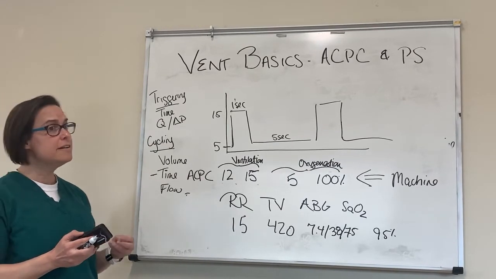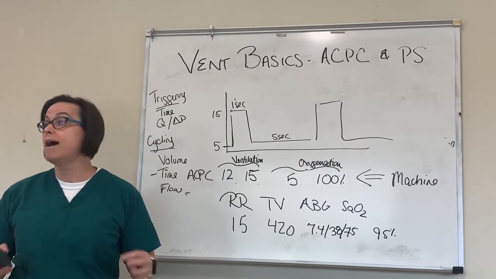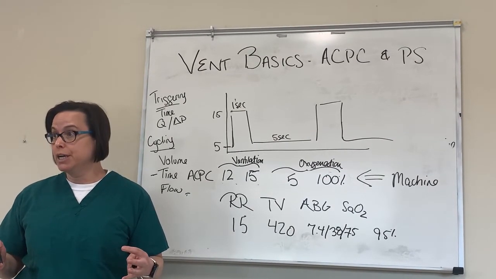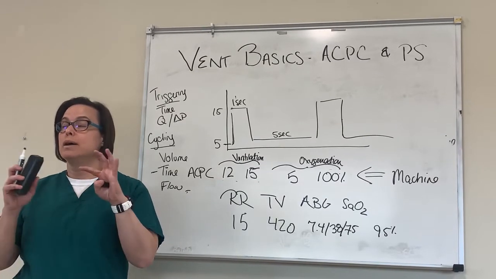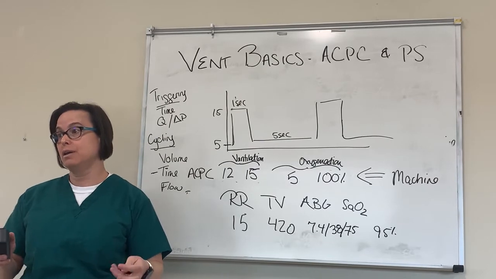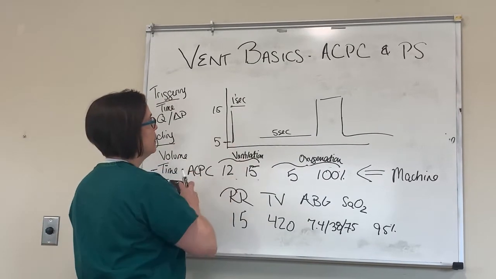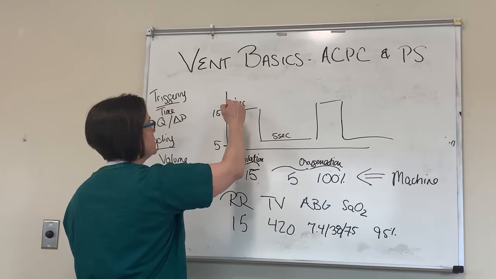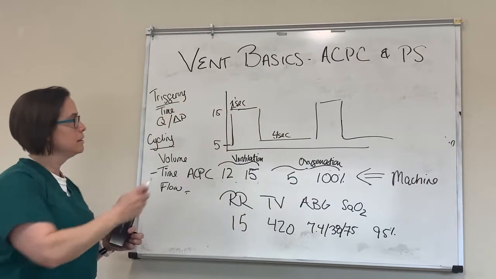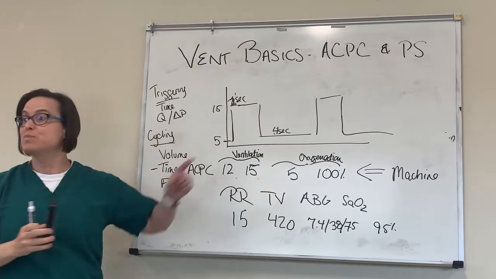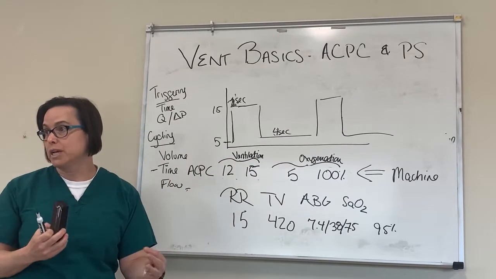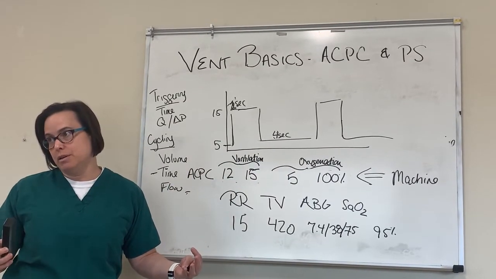However, if I have a patient who's not oxygenating well, the thing that makes patients oxygenate better is having more time at the higher pressure where gas exchange can occur, okay? So I might change this and make this 2 seconds and this 4 seconds, okay? I'm spending more time at the higher pressure, which means more time for good gas exchange, which means better oxygenation.